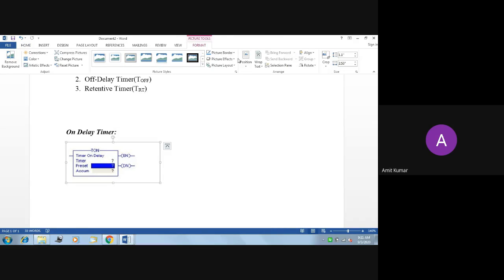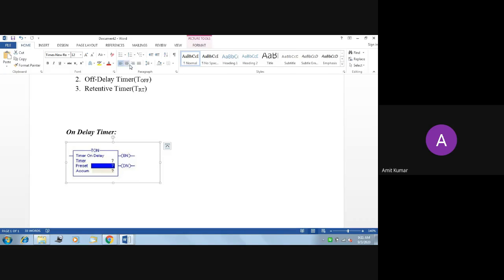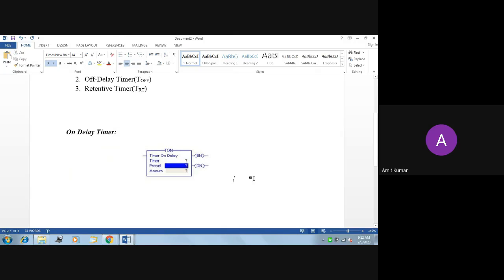Now in this timer, what are the various components available?